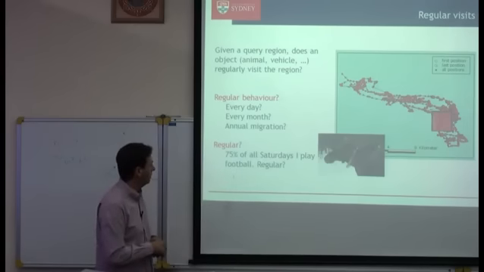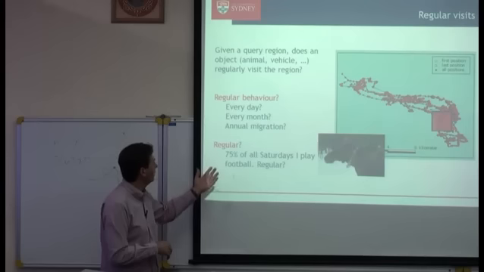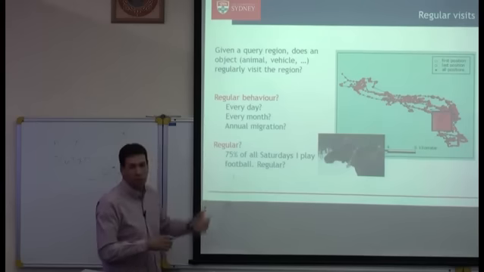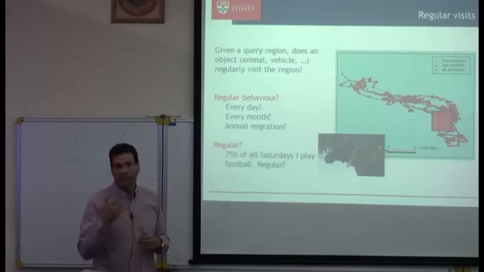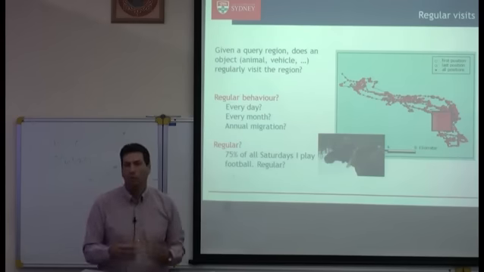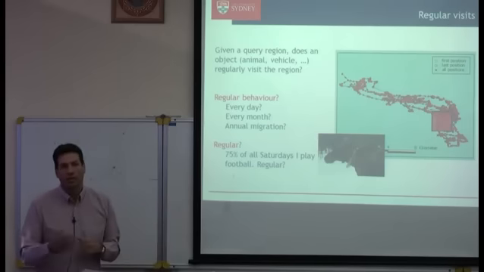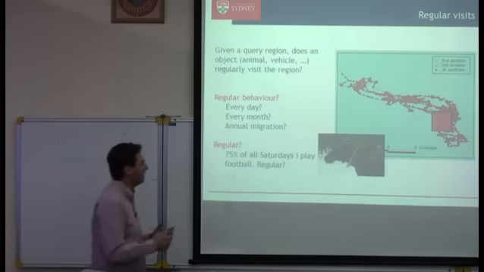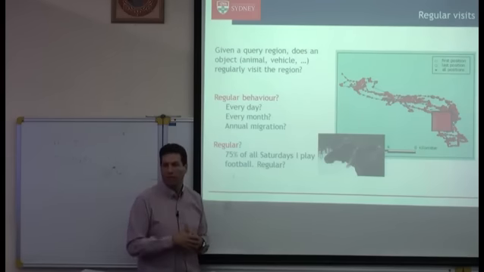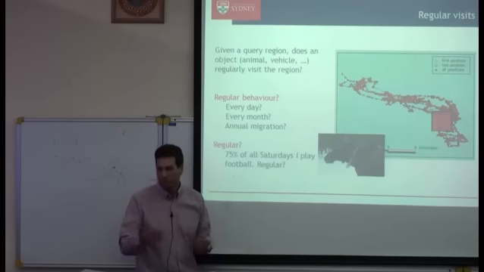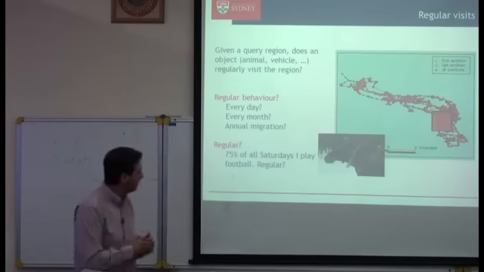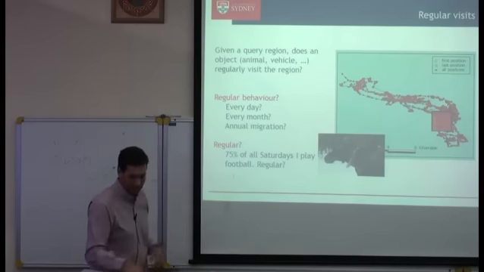But it doesn't have to be every day. For example, if you do sports, sometimes maybe you don't have time, maybe you're injured, but still it's a regular occurrence. So maybe you go 75% of the time. Well, that should be detected in some way.